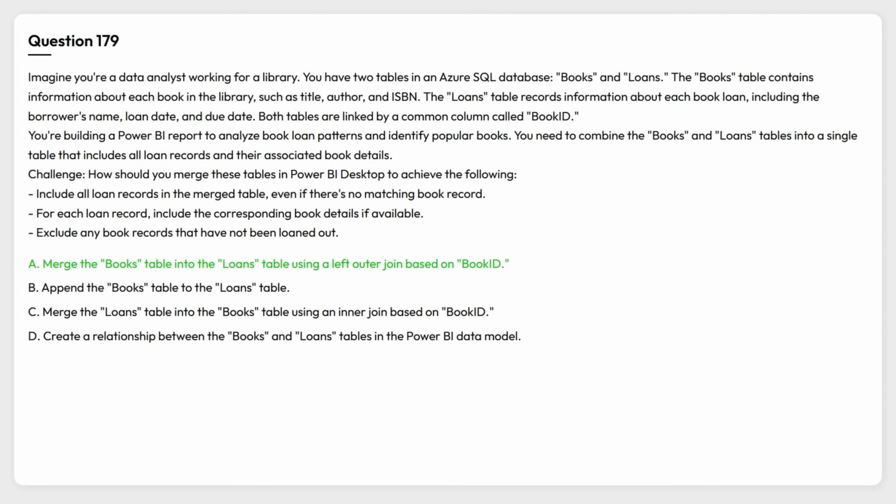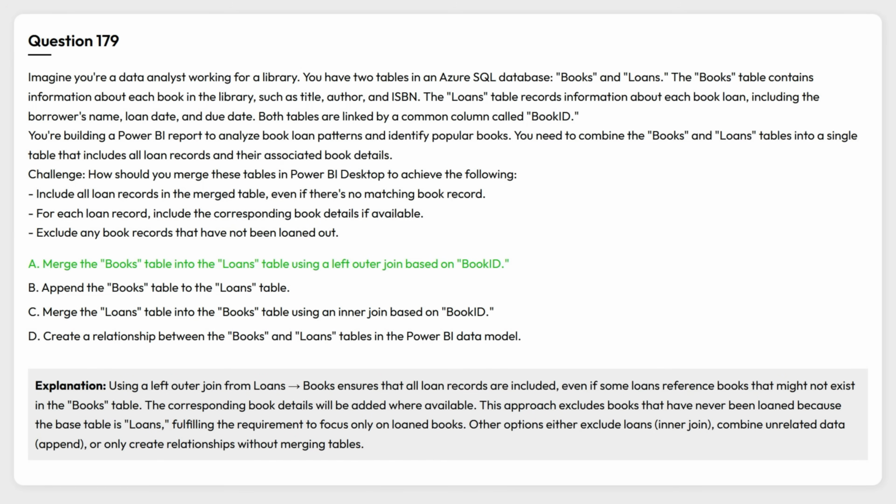The correct answer is Option A, merge the books table into the loans table using a left outer join based on Book ID. Using a left outer join from loans to books ensures that all loan records are included, even if some loans reference a book that might not exist in the books table.